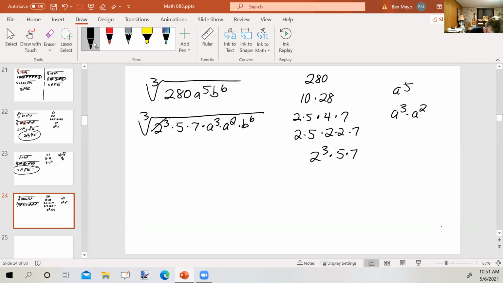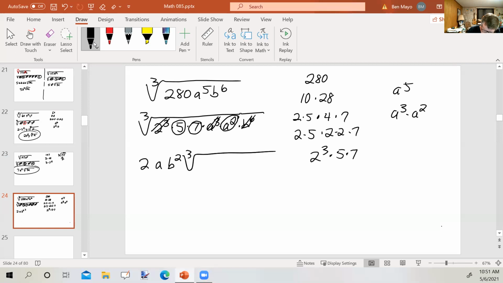So the cube root of 2 cubed is 2 outside the radical. The 5 is going to stay inside. The 7 is going to stay inside. The cube root of a cubed is a outside of the radical. The cube root of a squared, since the exponent is smaller than the index, it's not going anywhere. And the cube root of b to the 6th is b squared.